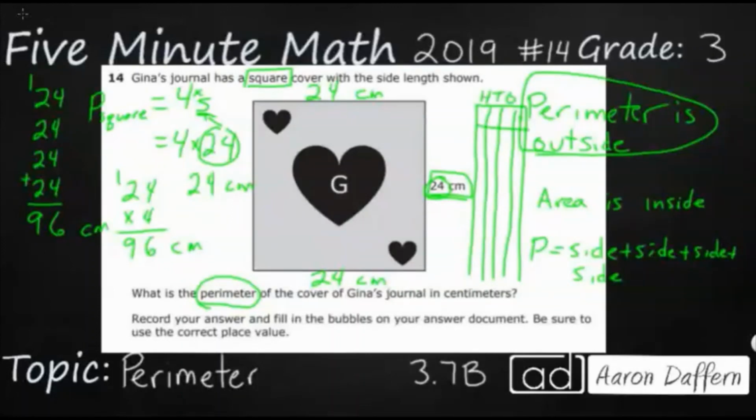So what you need to do is make sure that you put your 9 in your 10 spot, you put your 6 in your 1 spot. So you're going to find the 9 down here, and you're going to bubble it in. You're going to find the 6 over here. You're going to bubble it in. And in the 100 spot, leave it blank. You're not going to put a 0. You're not going to bubble anything in. And if you do it like that, you will get the correct answer, 96.